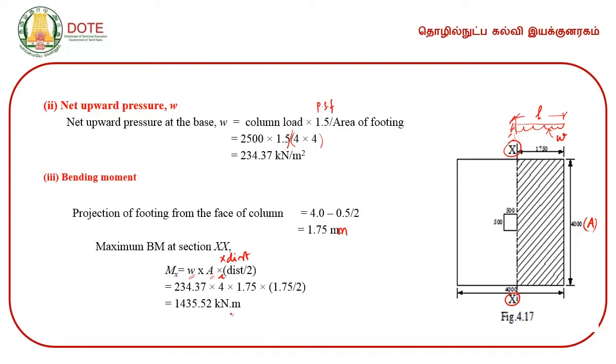That will give you the moment. This is the net upward pressure, and this is the perpendicular length which is to be multiplied to get the UDL, that is kilonewton per meter, and this is the length of this shaded area, and this is the distance of the centroid of that load. So that comes around 1435.52 kilonewton meter.